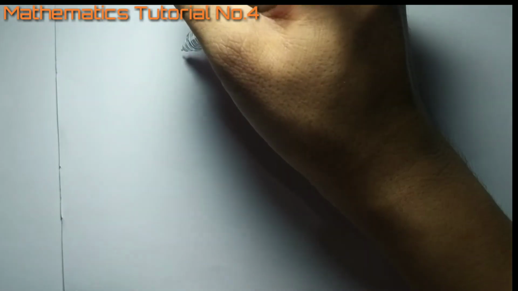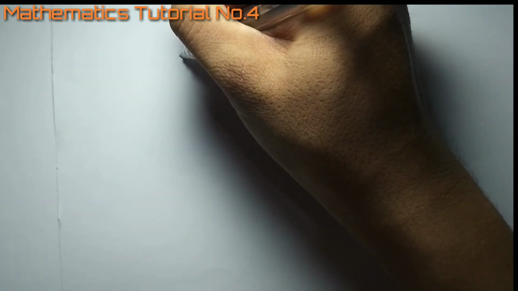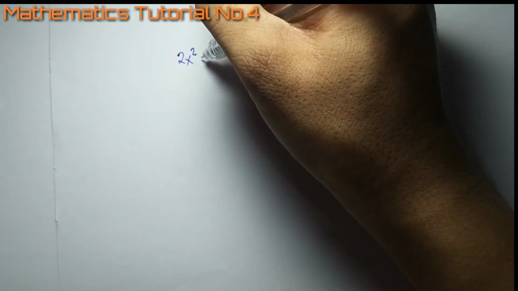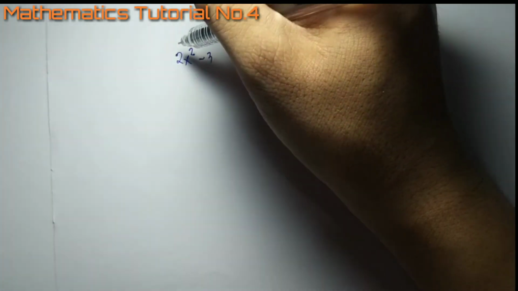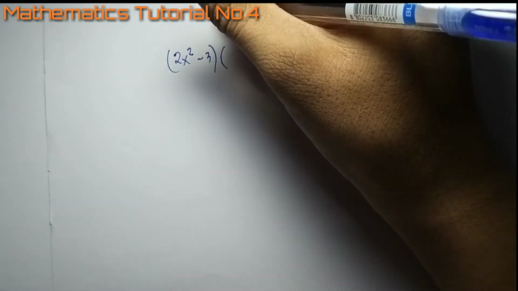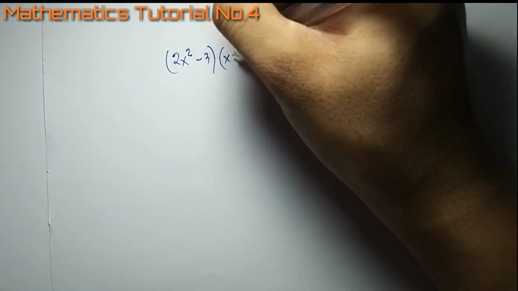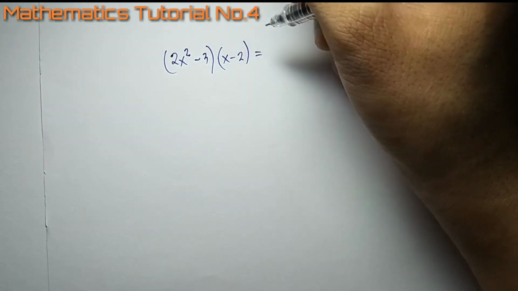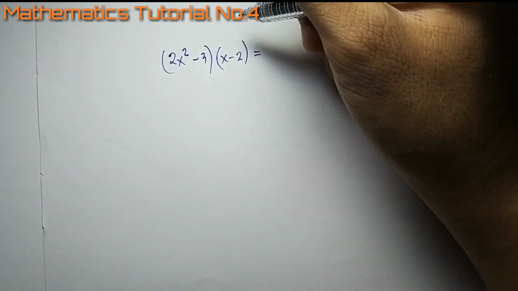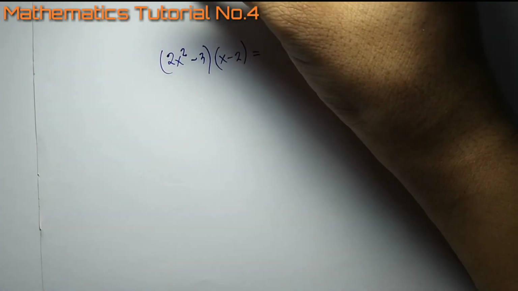Okay, let us have this example. 2x squared minus 3 i-multiply nato sa x minus 2. So balik ta sa atong technique, iuna nato ang mga first terms og multiply.